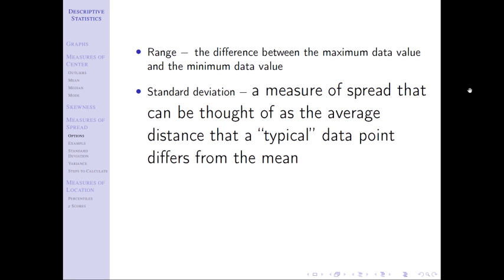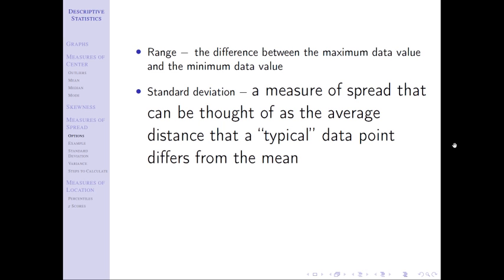If I say that the standard deviation of human weights is 20 pounds, then I would say, well, a typical human is 20 pounds plus or minus from what the average is. Okay, so it's just how far away are things? What's a typical data point? How far away is it from the average?